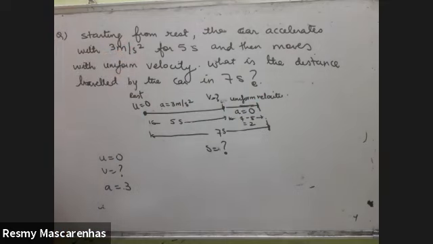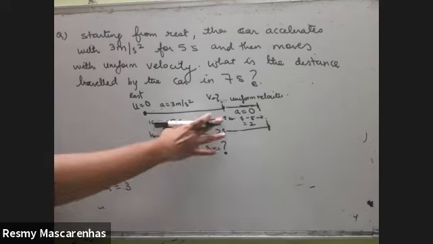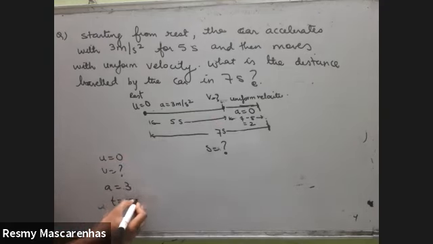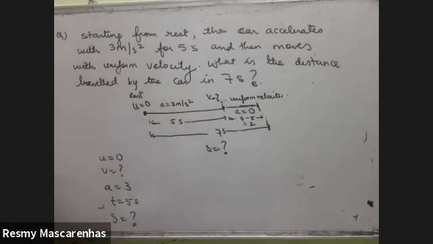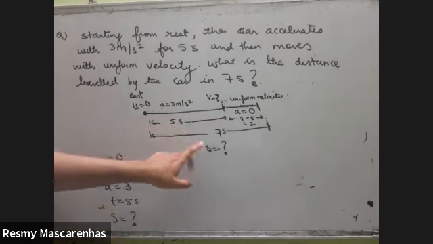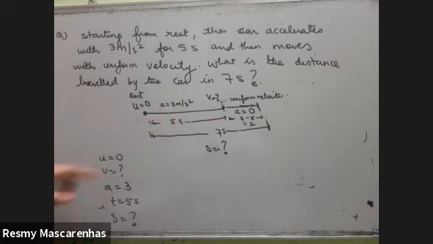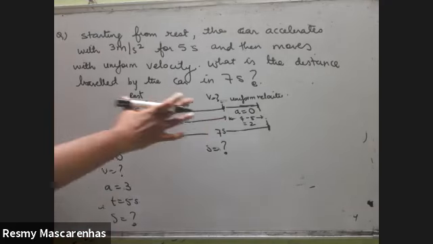Everything is in terms of meter. Time we know from here to here is 5 seconds. Distance also we don't know. Don't get confused with this s. This s is for second, and this S is for distance, how many meters. So only this much data we know for the first part.